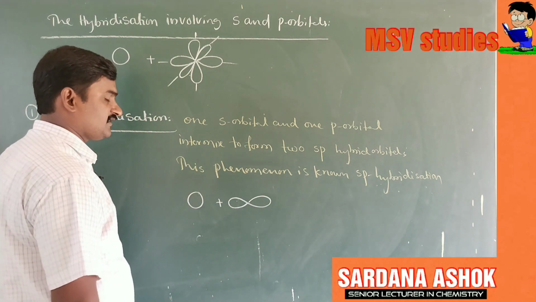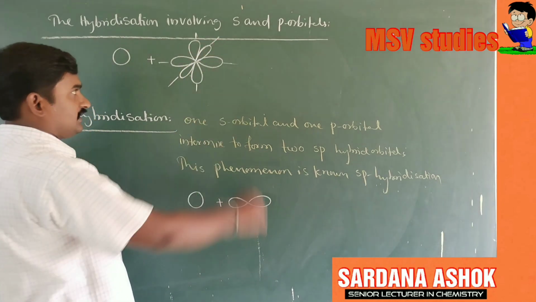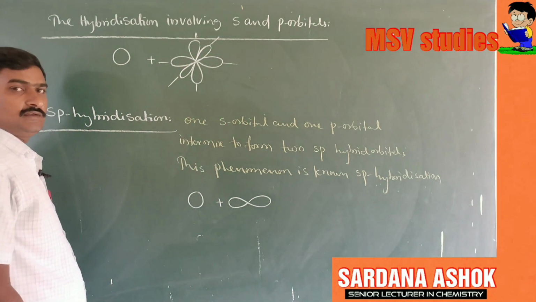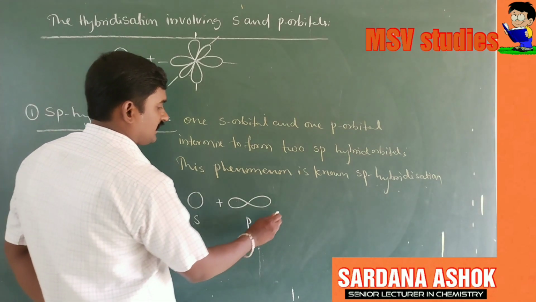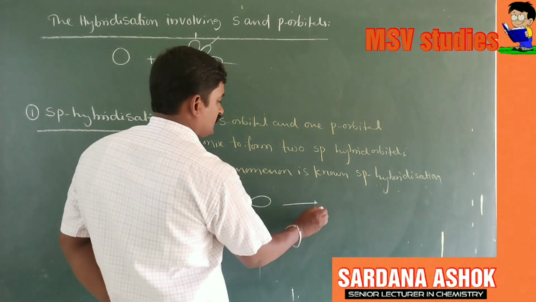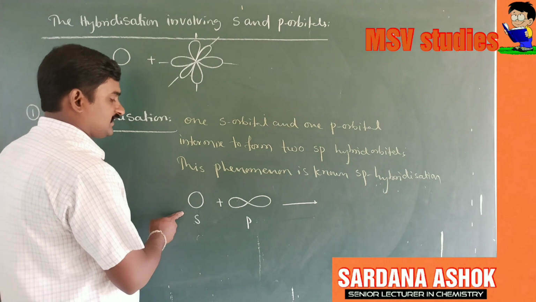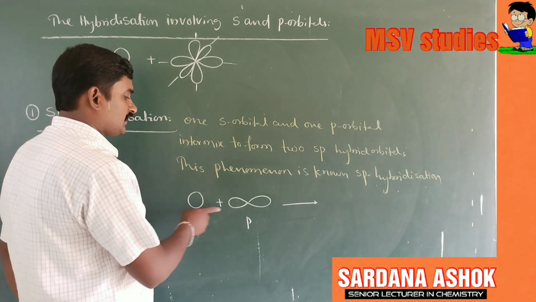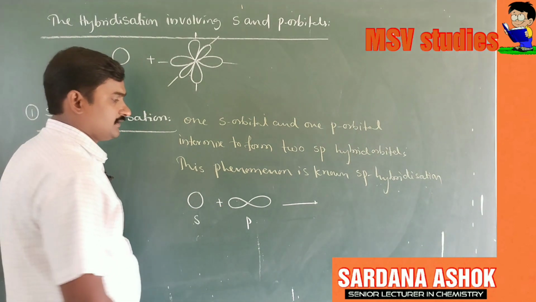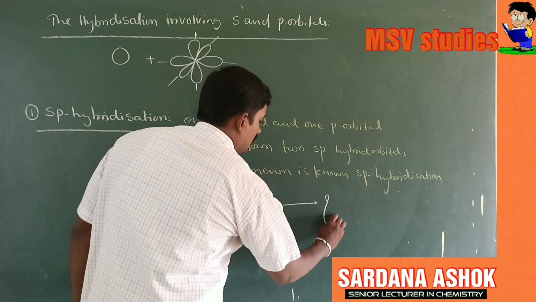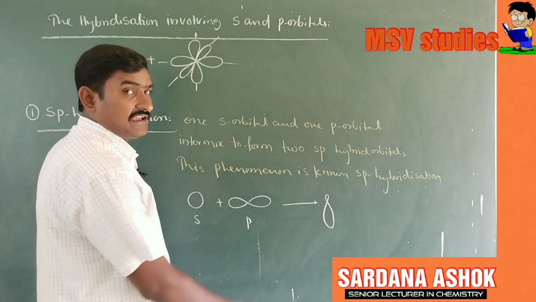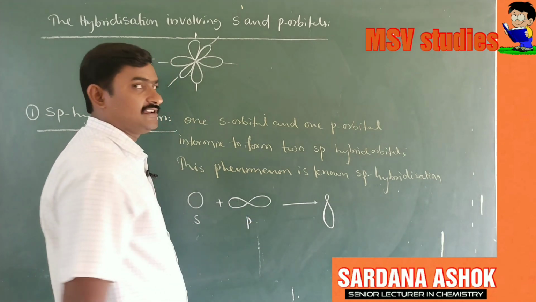So this is the general concept. We have to take any one of the p orbitals. This is the s orbital, this is the p orbital. Both are intermixed. Two atomic orbitals are intermixed to form two hybrid orbitals. The hybrid orbital is represented like this.